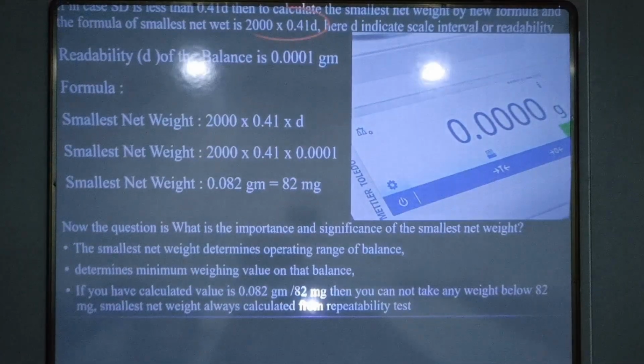Now, if in case standard deviation is less than 0.41D, then to calculate the smallest net weight we use a new formula: smallest net weight is 2000 into 0.41D. Here D indicates scale interval or readability.